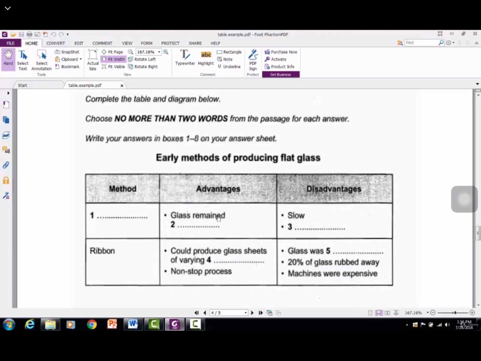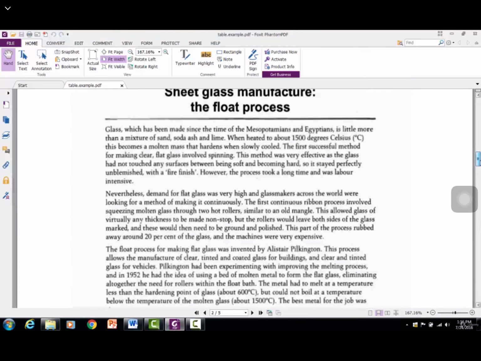Because if we can find the word that means the same as remained, we'll know what the answer is for number 2. So right here in the paragraph, we see the word stayed. Stayed is a synonym for remained. So stayed perfectly unblemished. Remained perfectly unblemished. So our answer is unblemished.